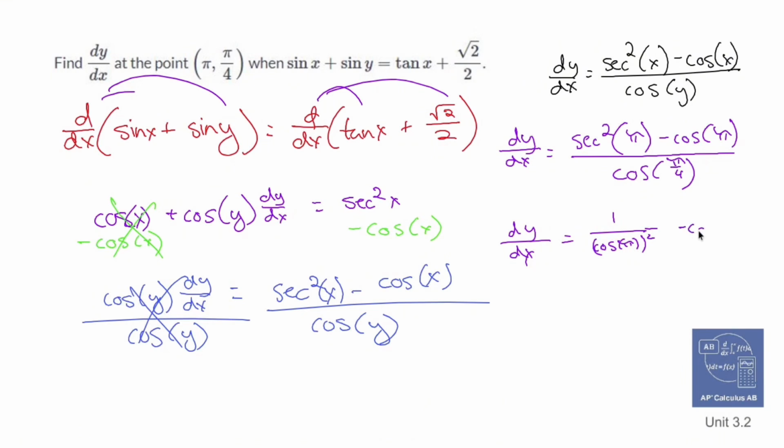And so we know what cos pi is. Cos pi is -1. So this is going to end up being 1 over (-1) squared, which is 1, minus -1, all over cos of pi over 4, which is root 2 over 2.